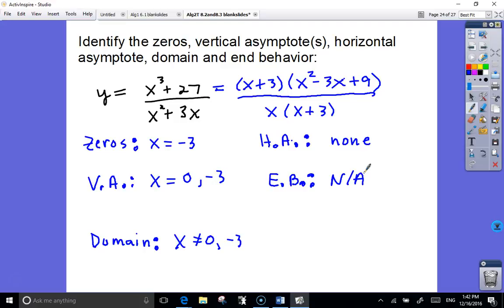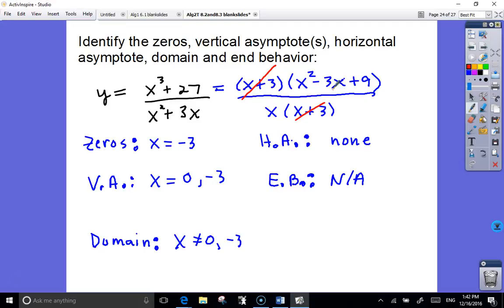If you notice our two zeros, 0 and negative 3, one of them is coming from a factor which is in common to the numerator and denominator, so it would cancel. That means that this is not going to be a vertical asymptote. Remember, a vertical asymptote, besides being a dashed line in your graph, is something the graph of the function is approaching.